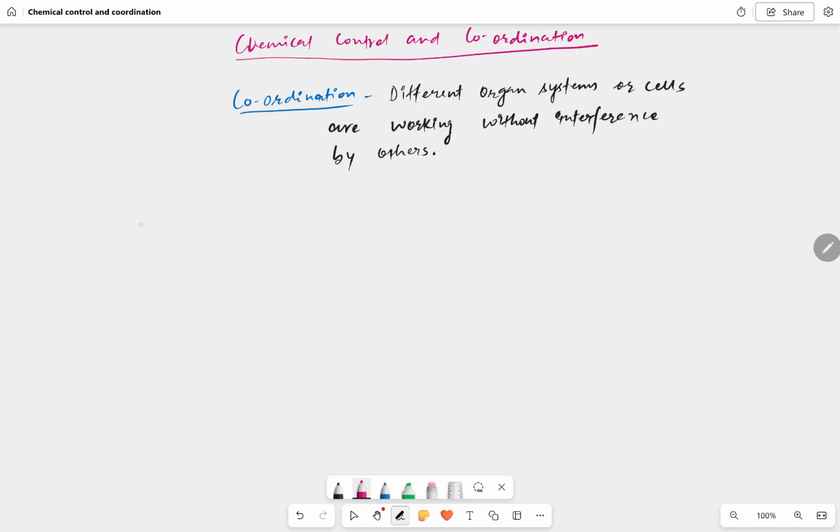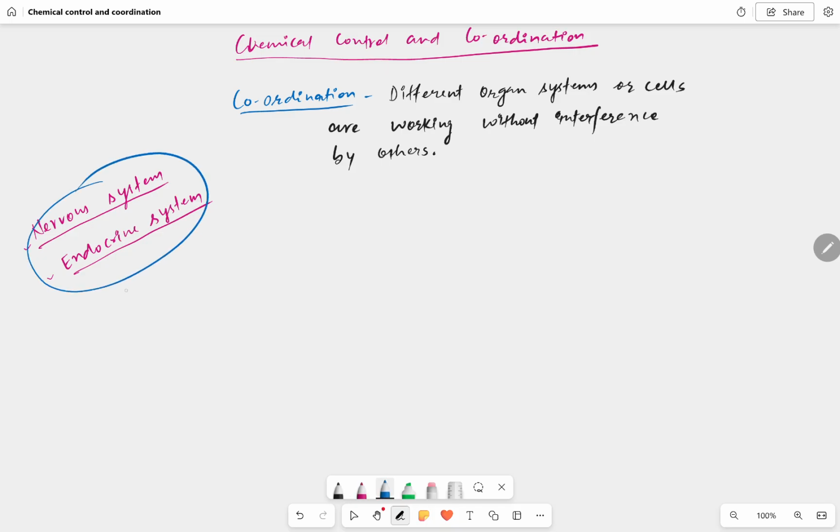We have known so far that there are two major organ systems: one is the nervous system, we'll see it in later lectures, and the other is the endocrine system. So the nervous system and the endocrine system are the two major organ systems having their role in coordination.